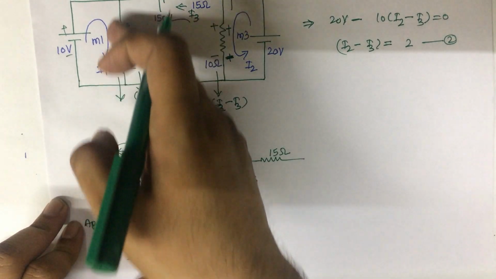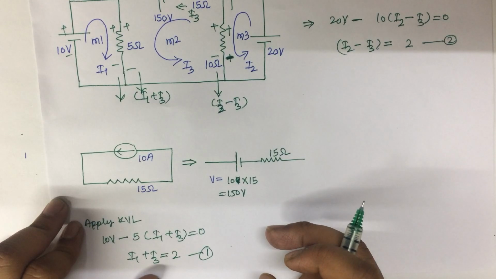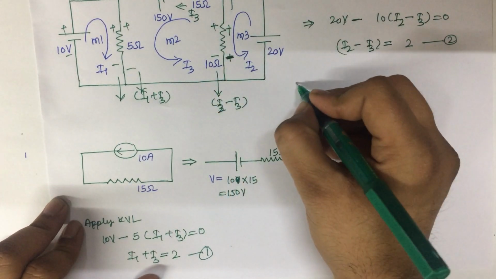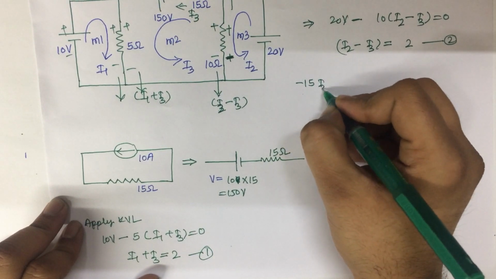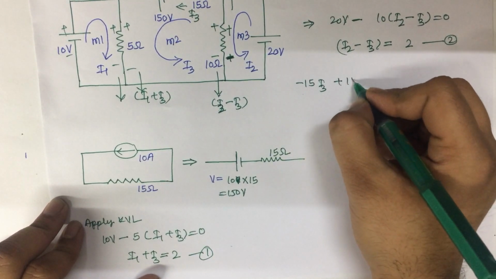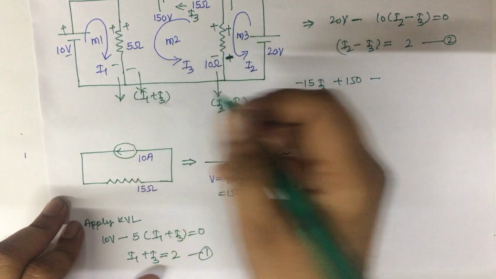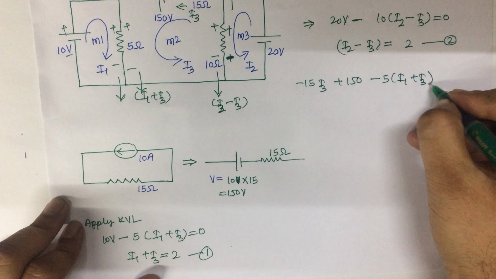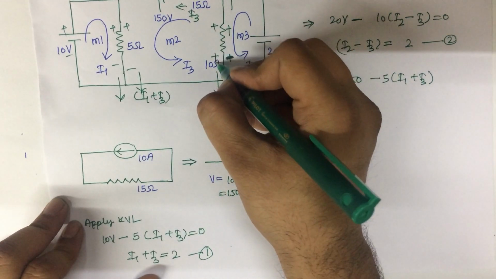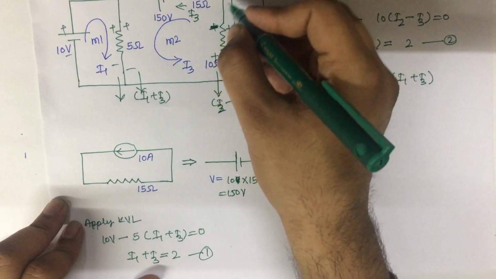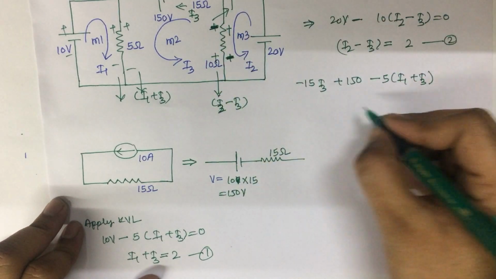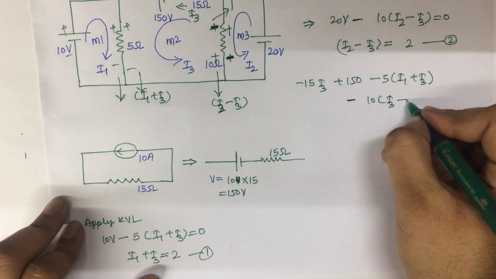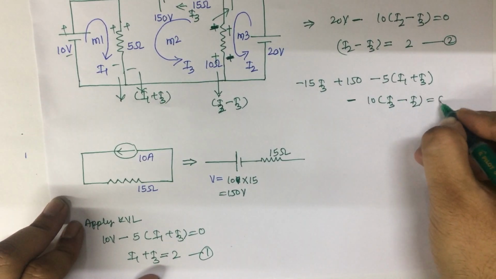Now here we apply KVL. So start from here: minus 15 I3 plus 150 minus 5 into (I1 plus I3). Here this is positive, this is negative, and we consider this current. Minus 10 into (I3 minus I2) is equal to 0.